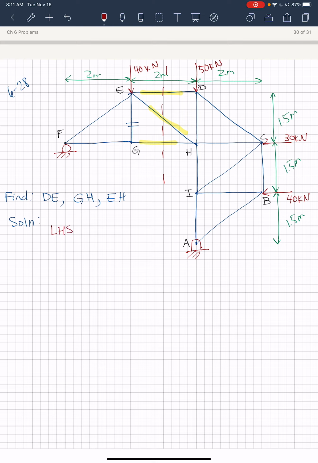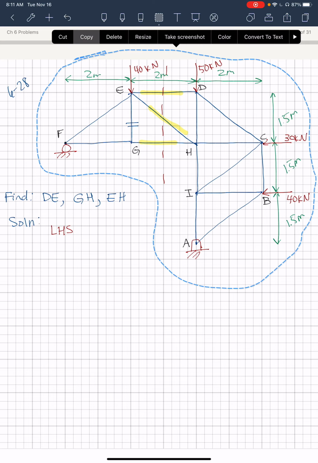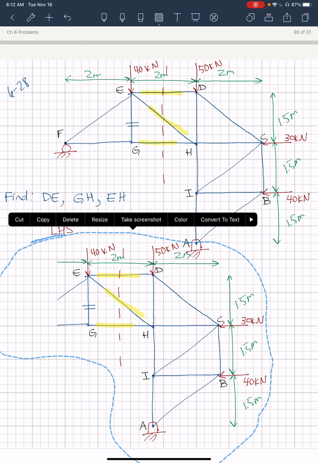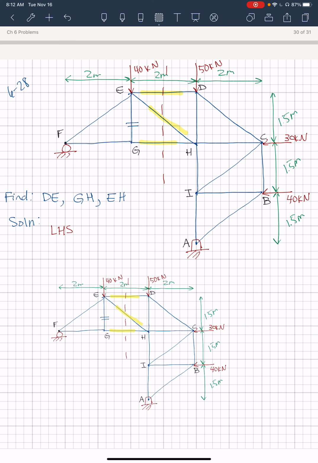And so for that, I need to know what's happening at that roller. To do that, I'm just going to do a free body diagram. I'm going to copy this whole thing and make it a little smaller.